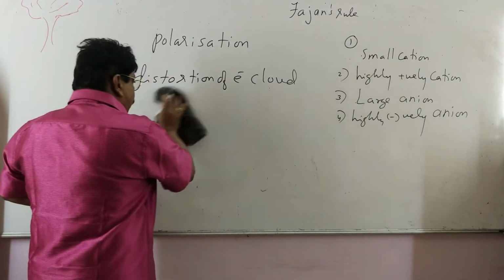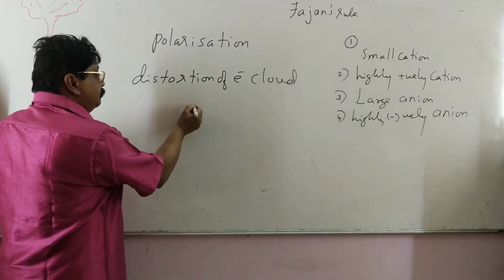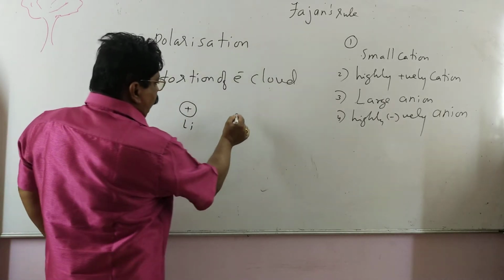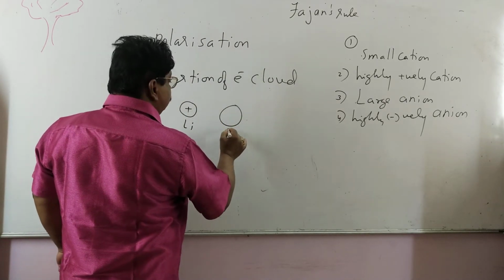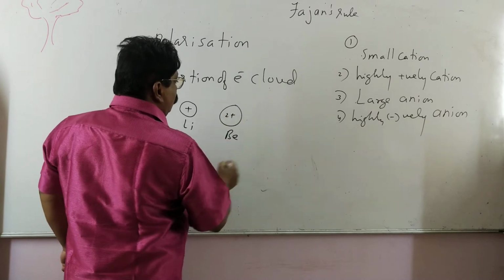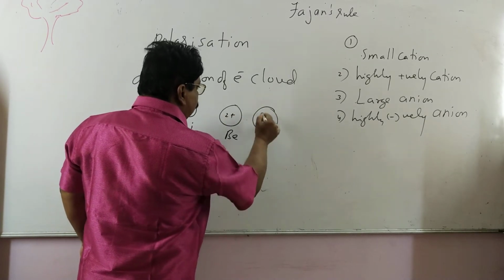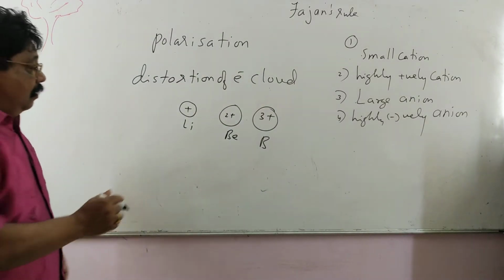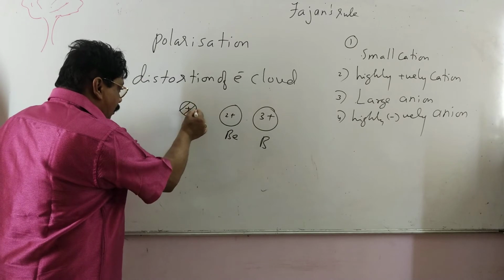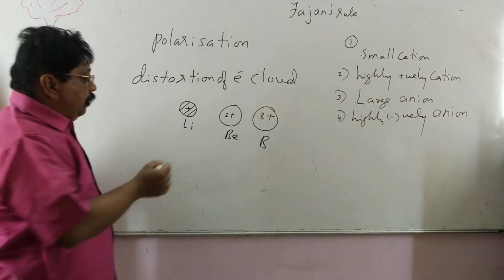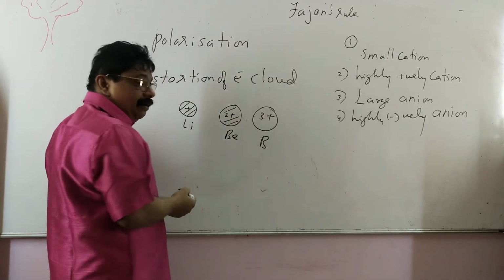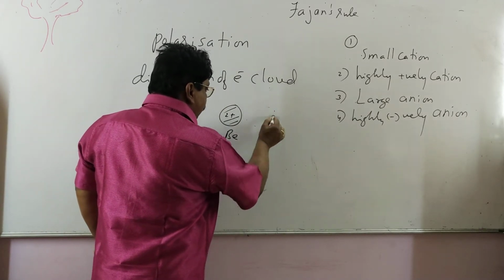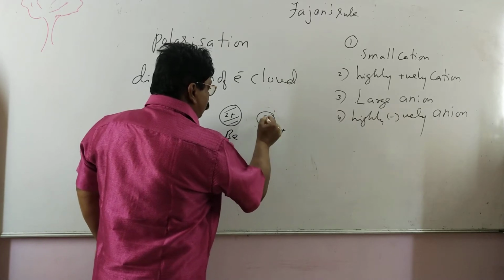Whereas if we are taking an ion like lithium plus, or beryllium 2 plus, or boron 3 plus, 1 plus is in a very small area, 2 plus is in a very small area, 3 plus is in a very small area, and the size becomes smaller because of the 3 plus.